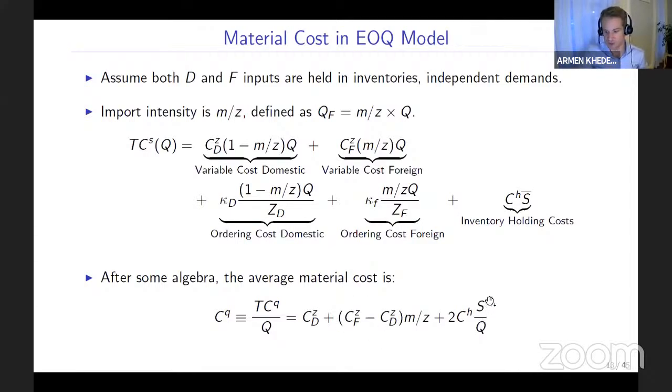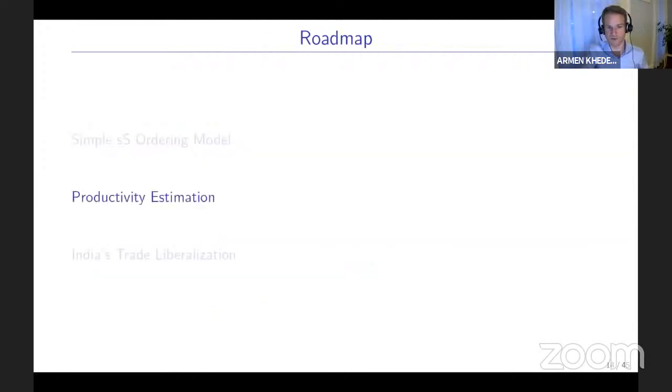And this additional term here, and this is really the departure from the standard approach to valuing material usage, includes an expression that is multiplying the holding cost times the inventory usage ratio.